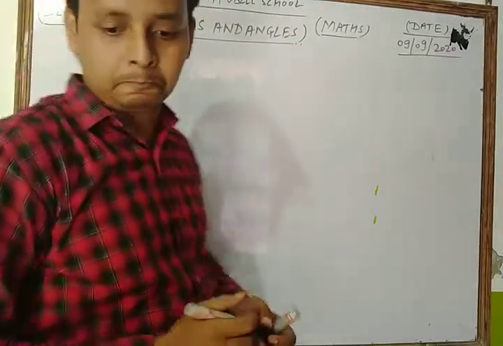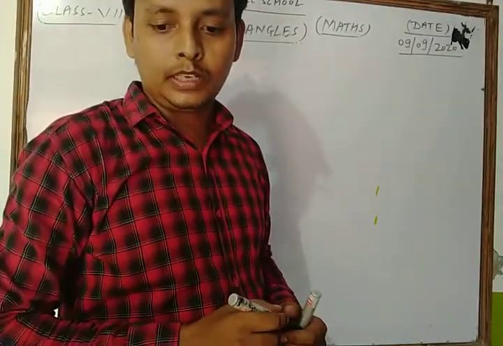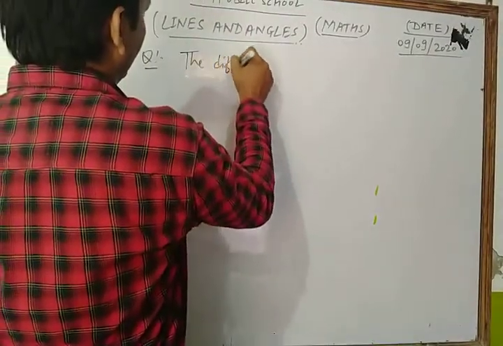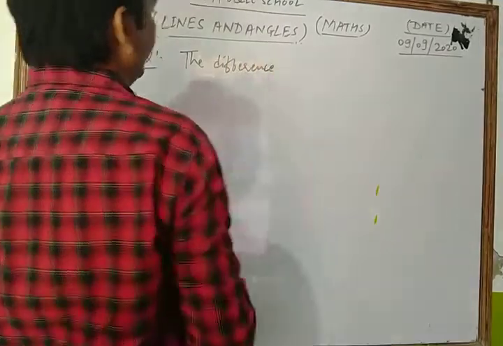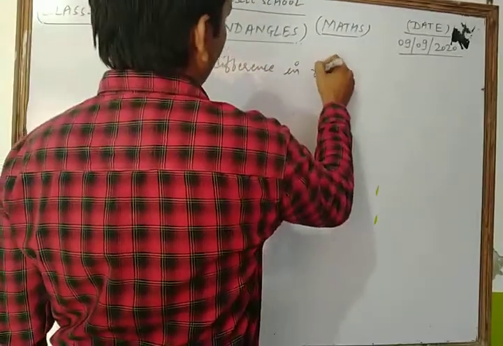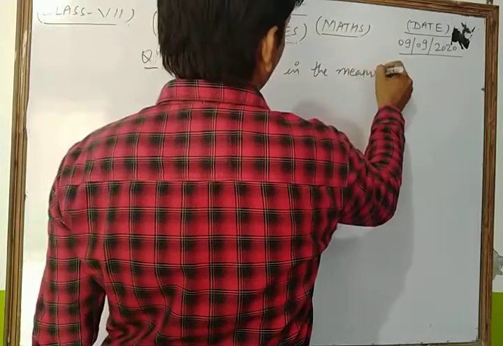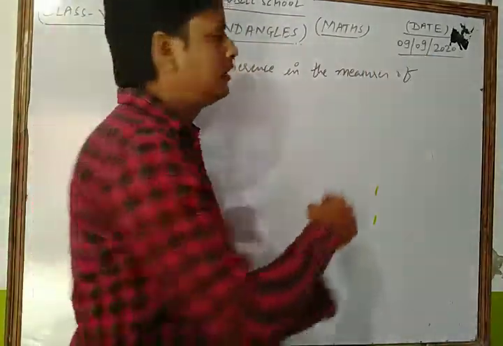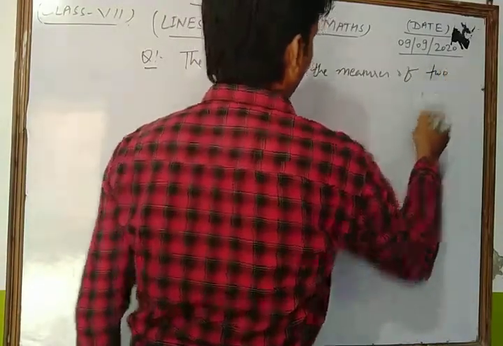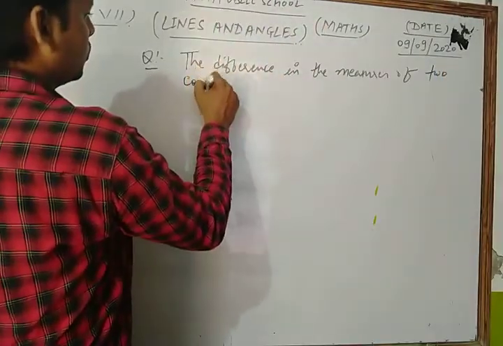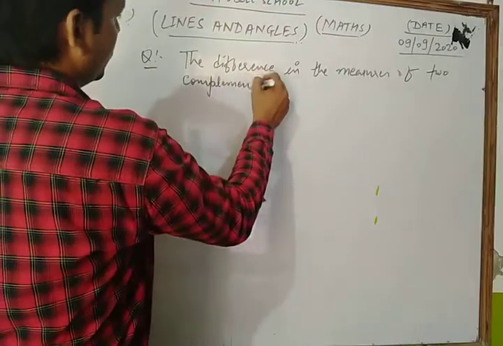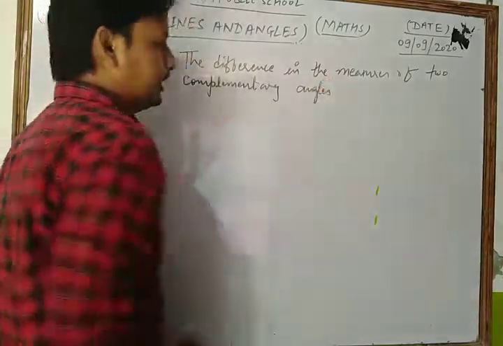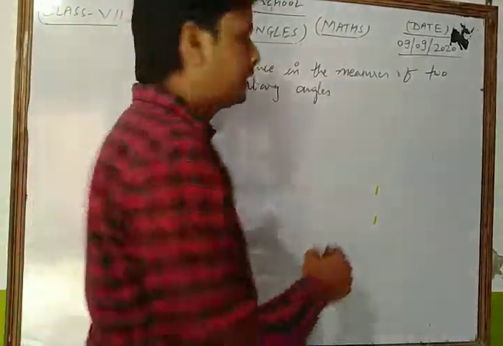Your question is: the difference in the measures of two complementary angles is 12 degrees.